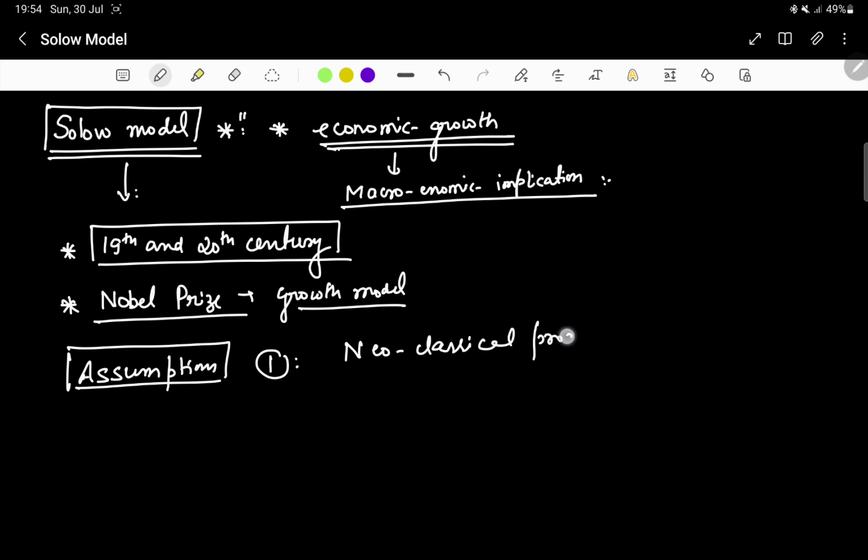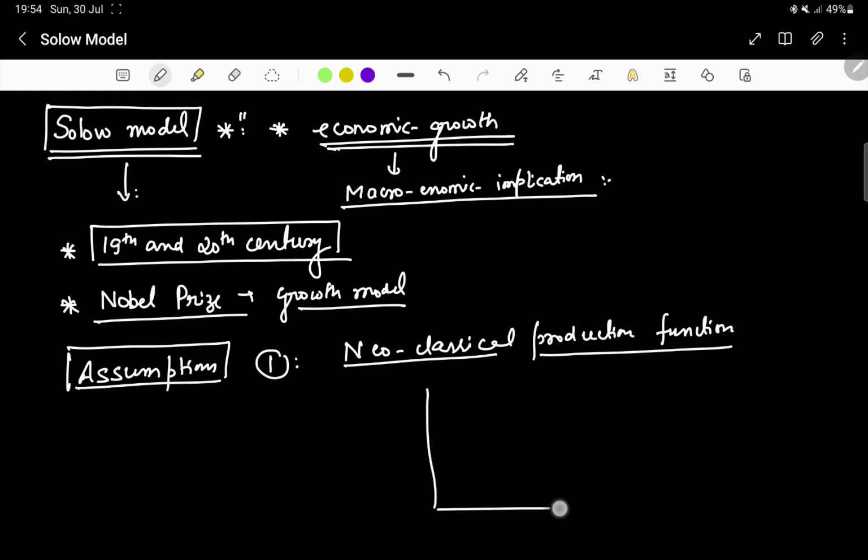So he assumed a neoclassical production function. It means your production function will look like this. This is y. Y is a function of capital.